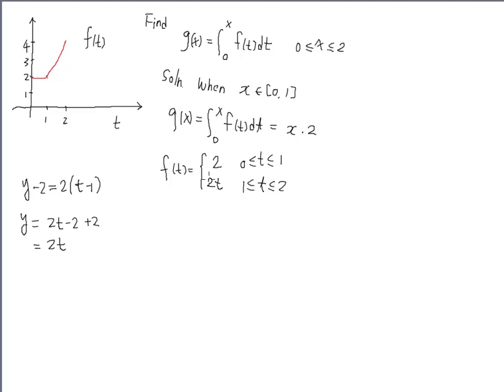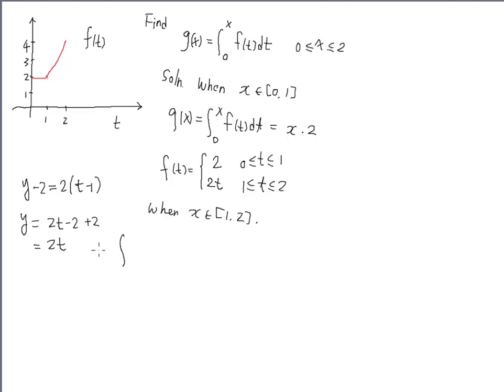Now, this part we don't need if we are calculating this integral with x between 0 and 1. But if x is not between 0 and 1, but between 1 and 2, then we will need a second piece. And then we have the following.